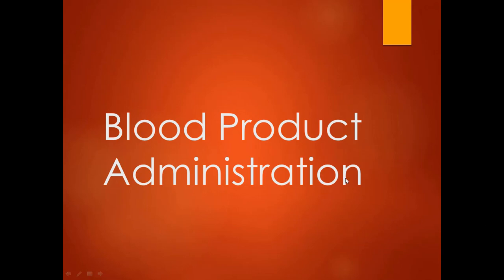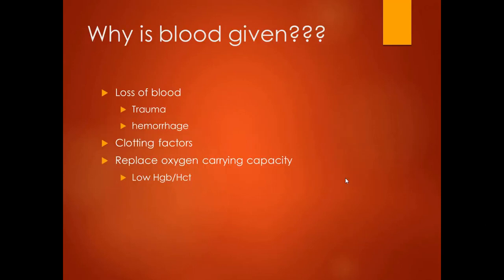So let's get started. Why do we give blood? We give blood for any cases where there's trauma or a hemorrhage. Anytime the person has a GI bleed, might be anemic, car accidents, or logging accidents with chainsaws.